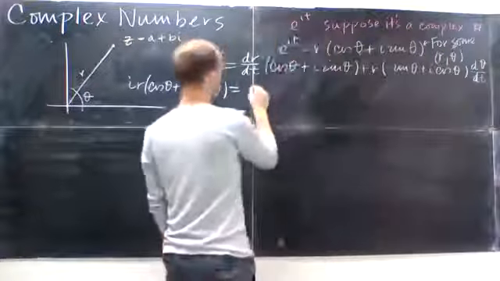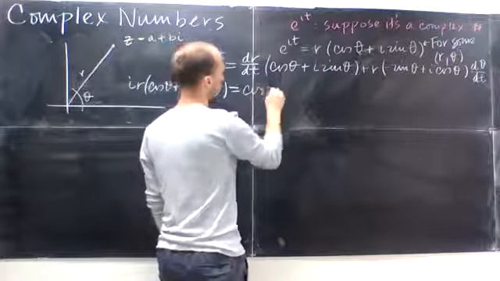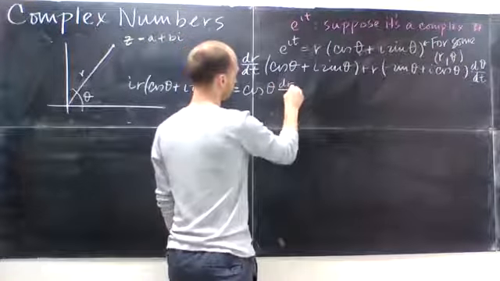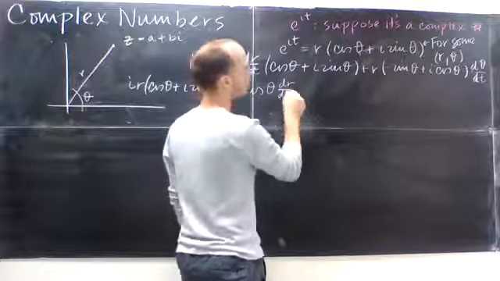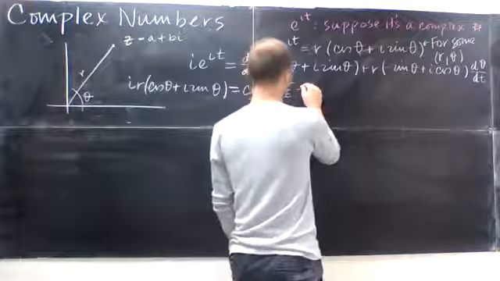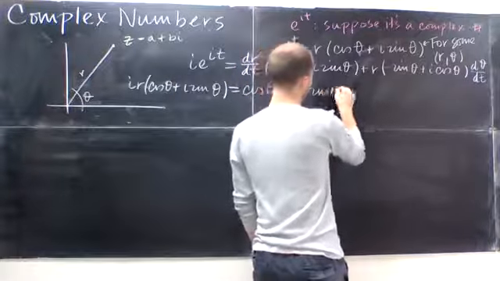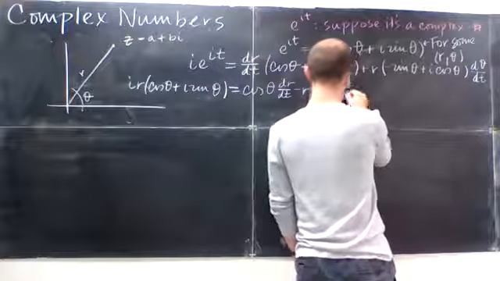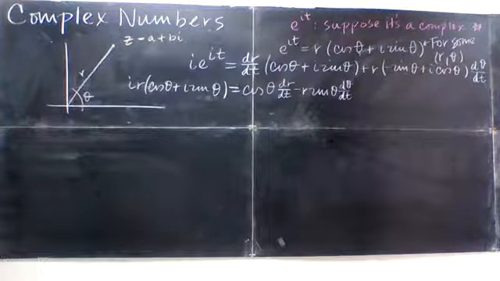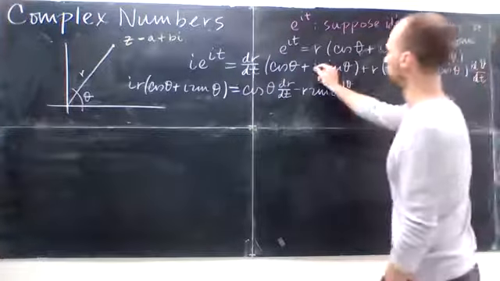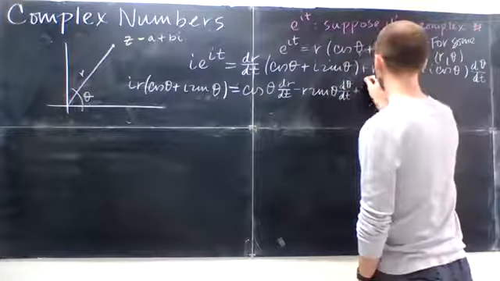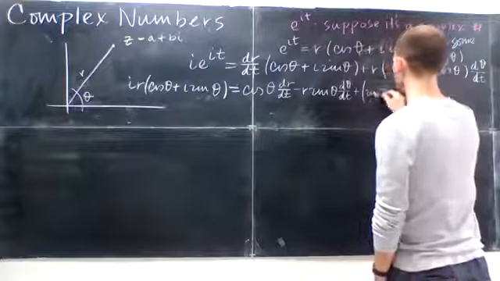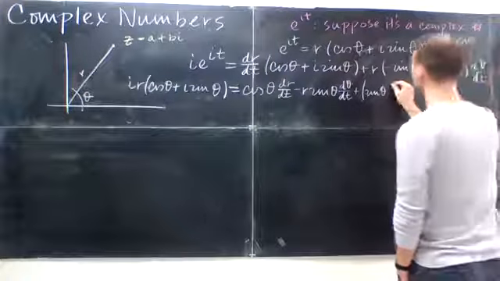So maybe I'll just write that: cosine theta dr/dt minus r sine theta d theta/dt. And then I'm going to have a plus sine theta dr/dt, and I'm going to save the i till the end.